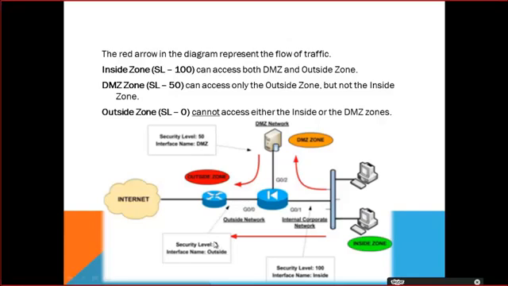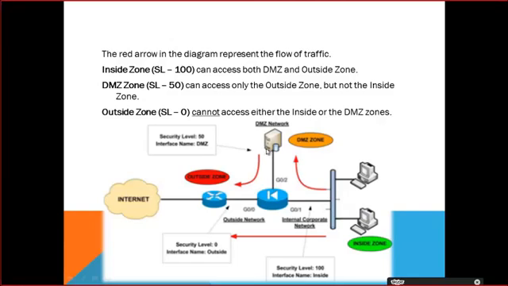Now why do we have this? To understand how the traffic can flow. From inside, because it is 100, it can talk to DMZ. It can also talk to outside. DMZ, because it is 50, it can talk to outside, but it cannot talk to inside.